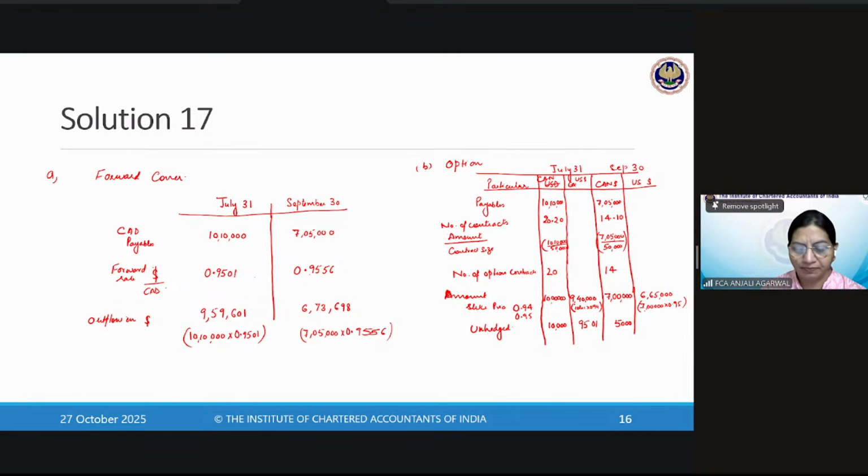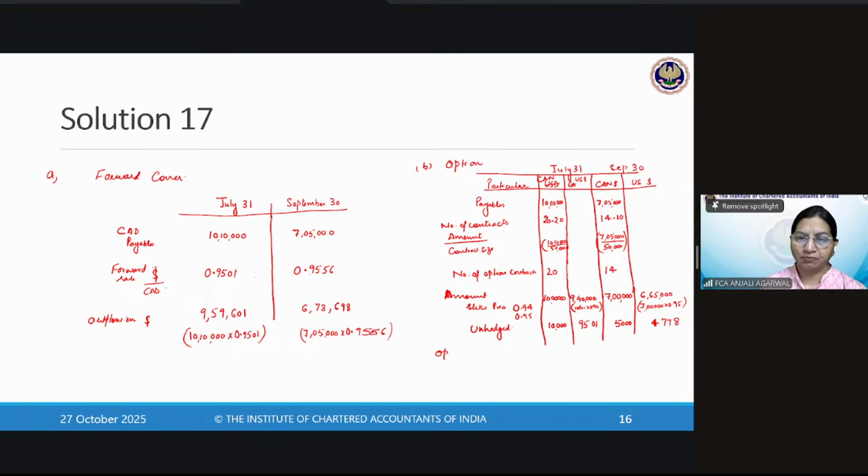And similarly, the unhedged portion of 5,000 Canadian dollars in September, at what price will we take that? The forward price was 0.9556. So 5,000 into 0.9556, that is 4,778.